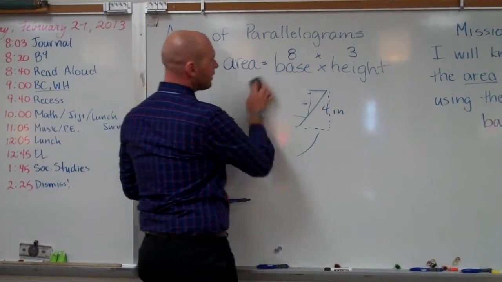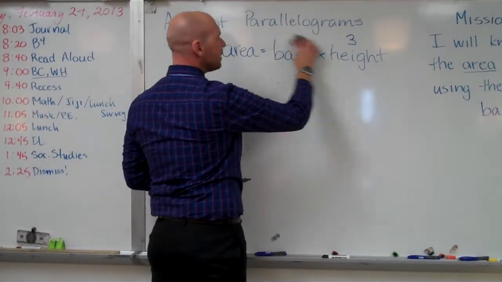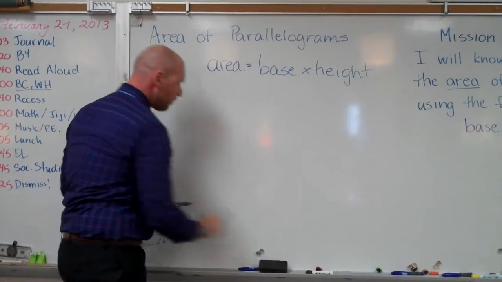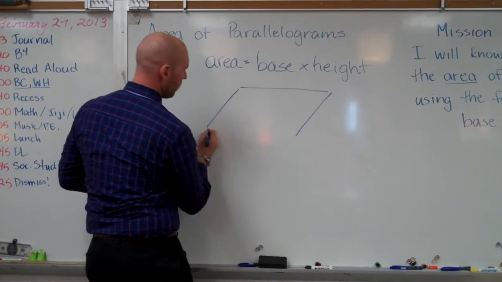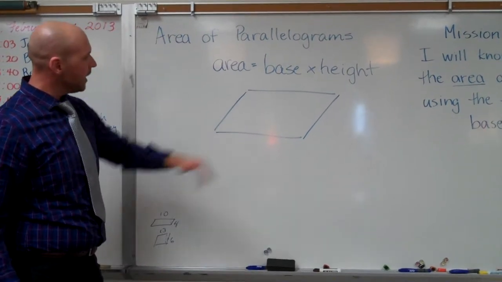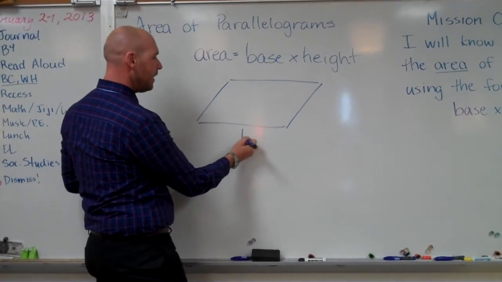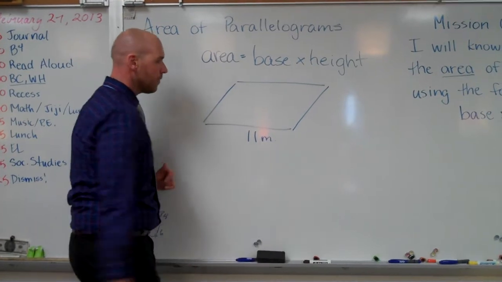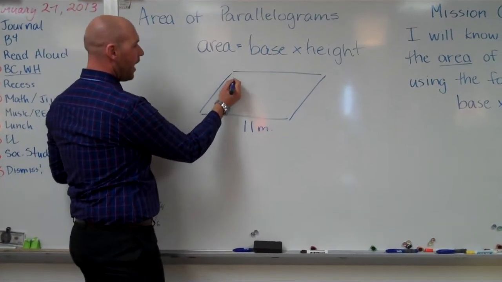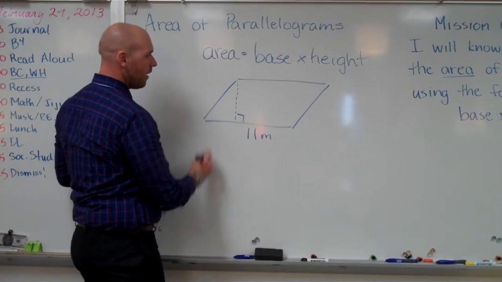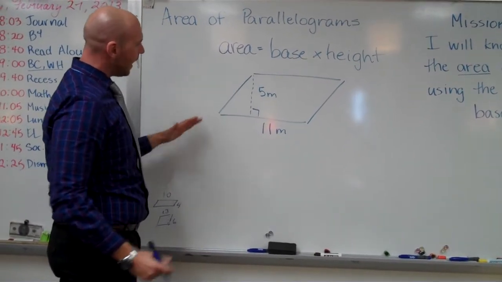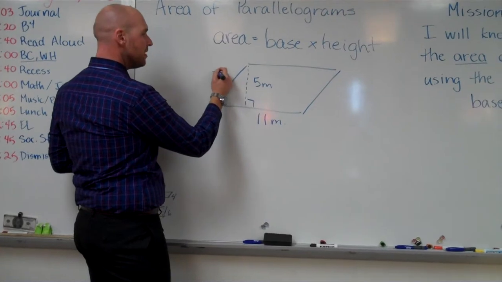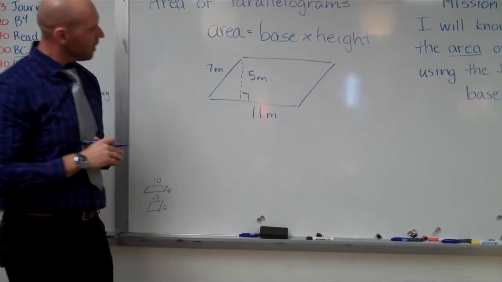We'll get all that out of there, because I know it's kind of confusing when you have all that stuff there. Just remember. So let's draw another one. Alright, so let's say the base is 11 meters. Let's say the height is 5 meters, and this side is 7 meters.